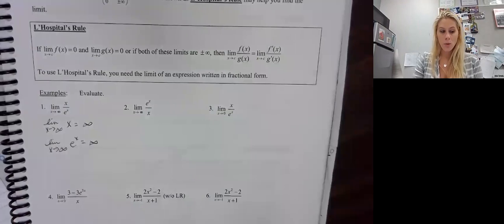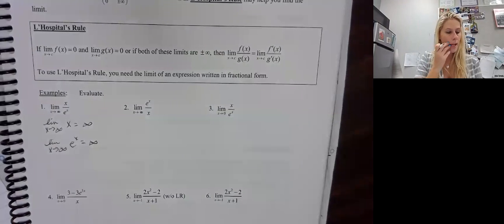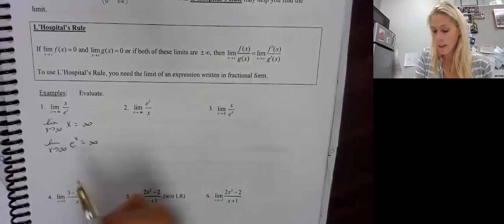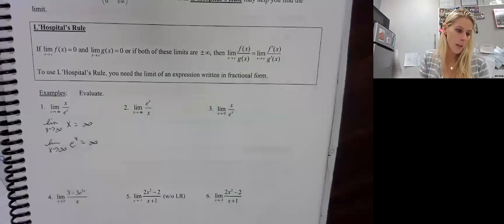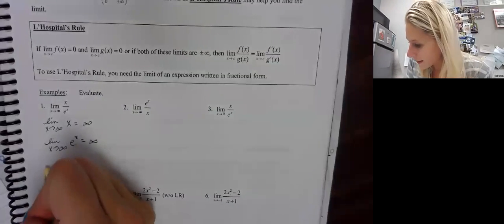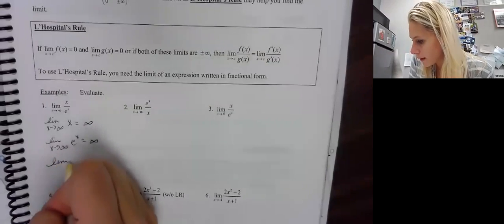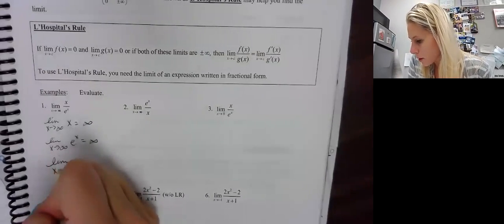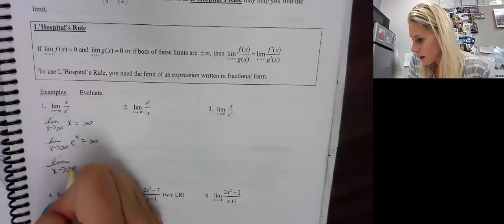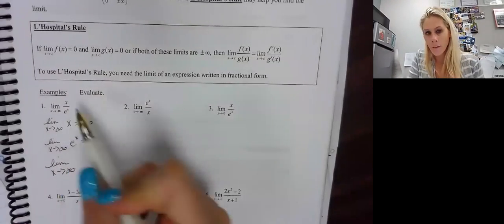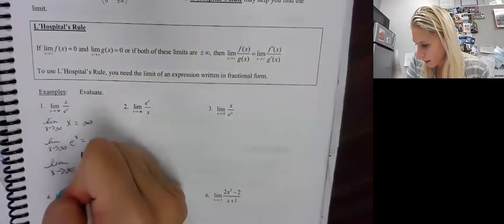So what we can do now is actually take L'Hopital's rule, which means we're going to do the derivative of the numerator, derivative of the denominator, okay? So what I can now say is a limit as x approaches infinity. Well, what is the derivative of the numerator? 1.